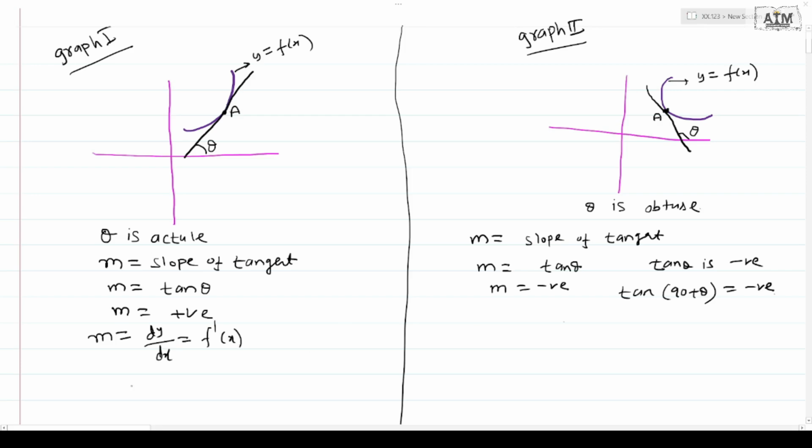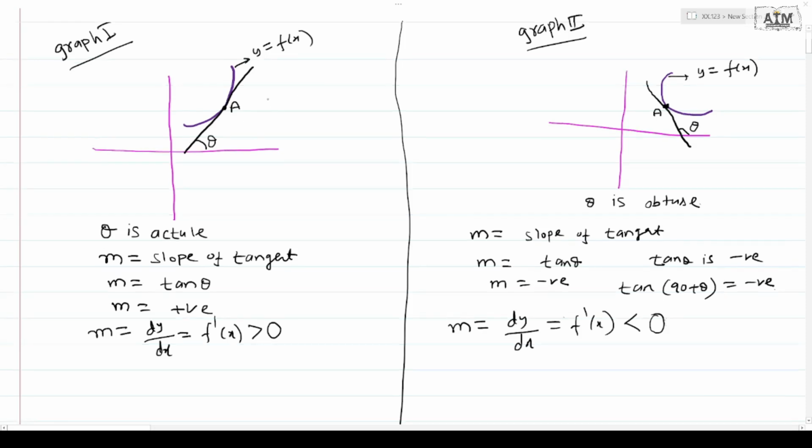So in graph 1, the slope is greater than 0 because it is positive. In graph 2, m equals to dy by dx equals to f dash x. Since the slope of the tangent is negative, therefore f dash x is less than 0.